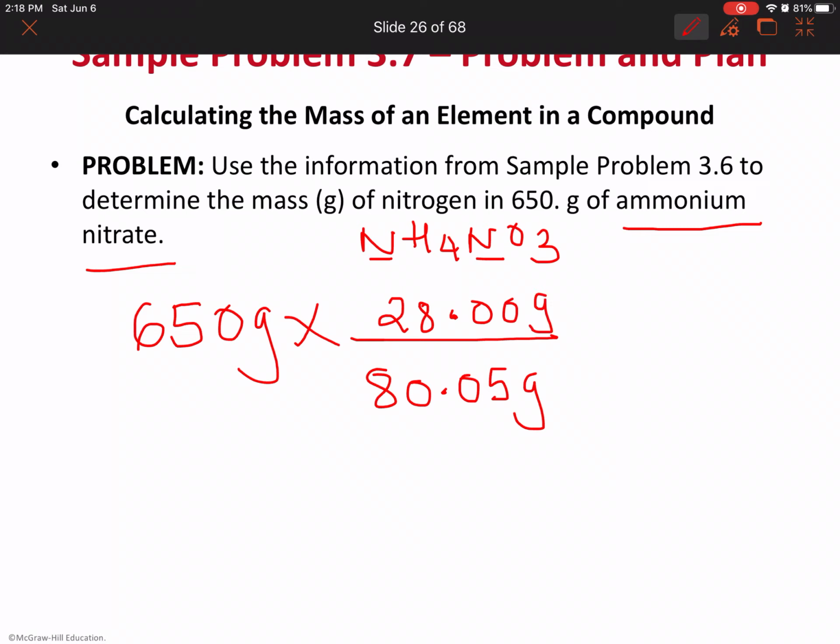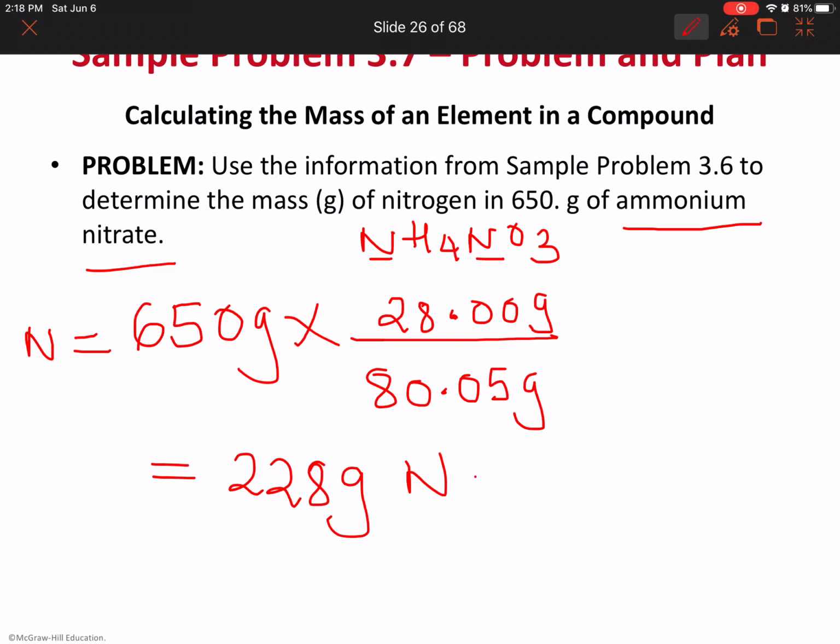So the mass of nitrogen in 650 gram is, so this ratio 28 grams per 80 doesn't change, so you use this formula, use the 650 and then 80.05 gram, you have 28 grams, so you do this calculation and will give us the mass of nitrogen in 650 grams.